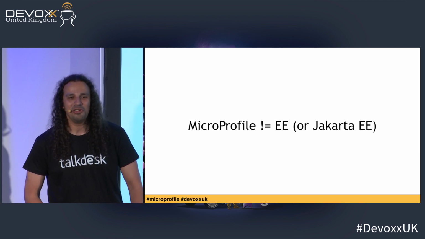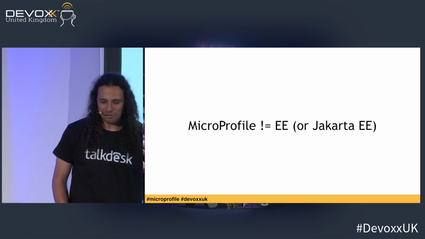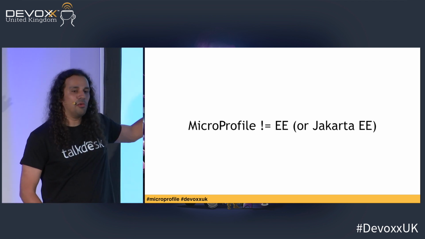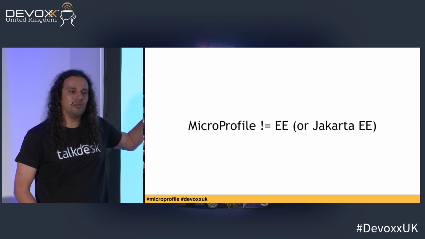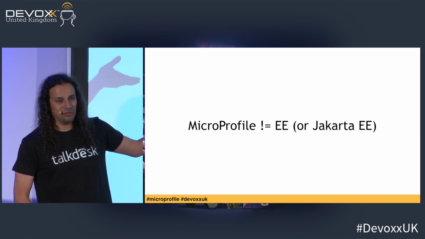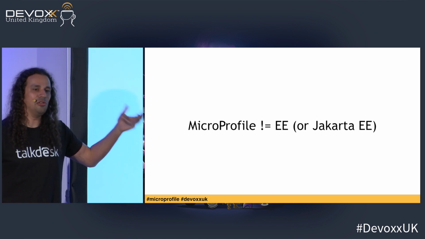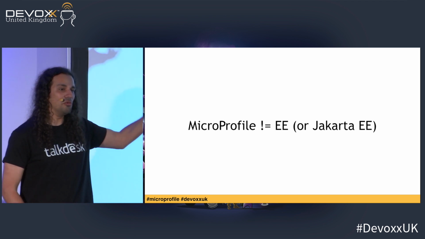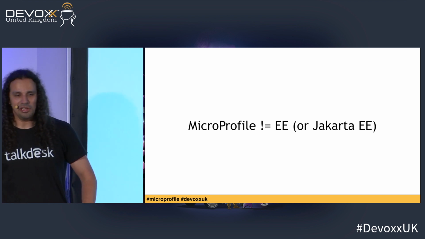So that's another issue, but we're not going to discuss that here. MicroProfile is a set on its own, so you're free to use Java EE or Jakarta EE together with MicroProfile, but if you only want to use MicroProfile, you're free to use only MicroProfile. You don't really require Java EE or Jakarta EE to use it.